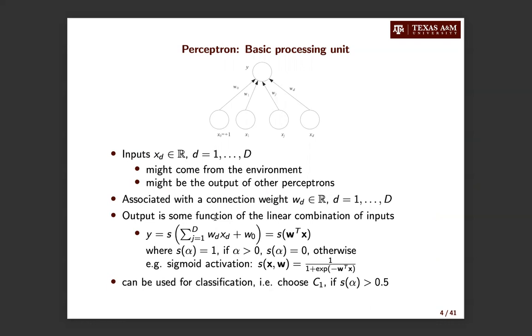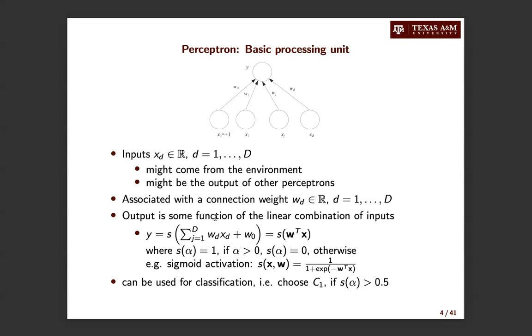In this case, we use the sigmoid function, which is the easiest and the most widely implementable. And the output of this sigmoid function is the output of our perceptron unit.